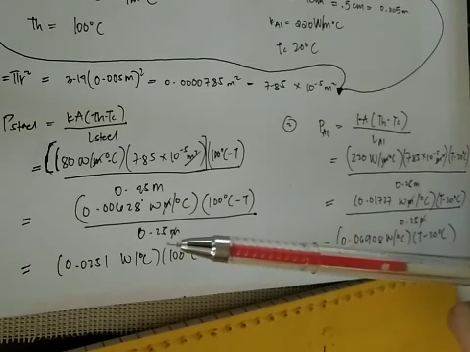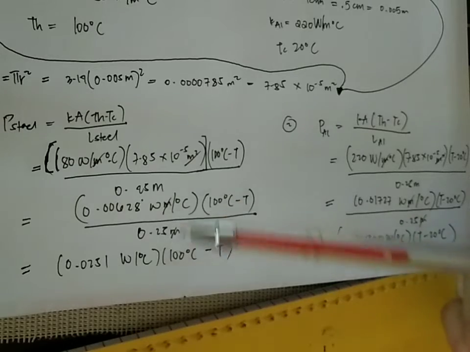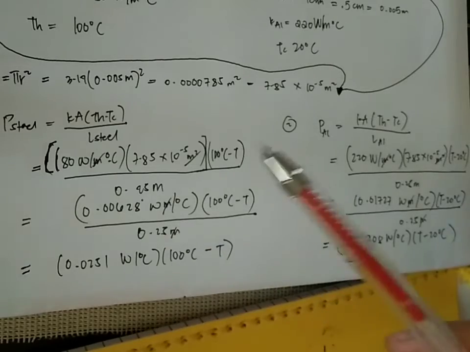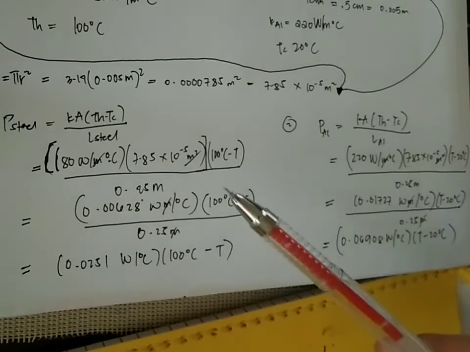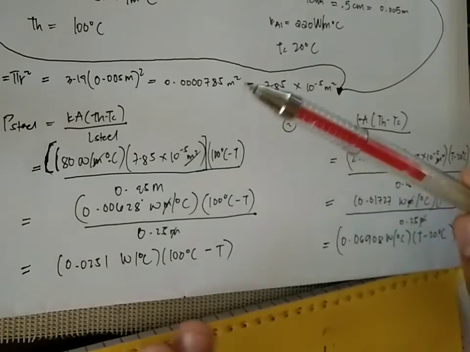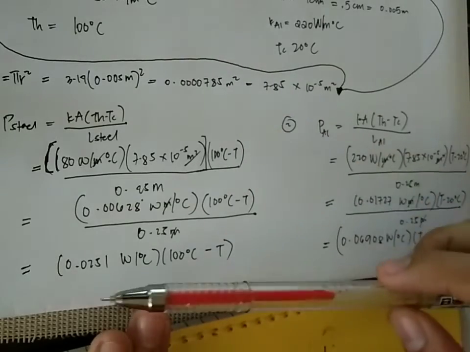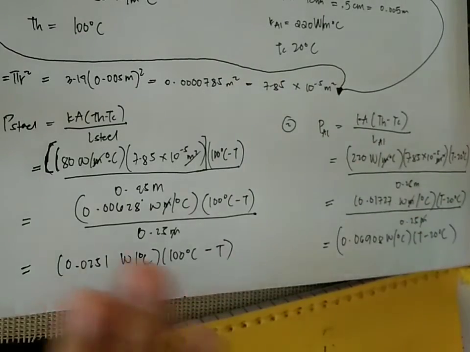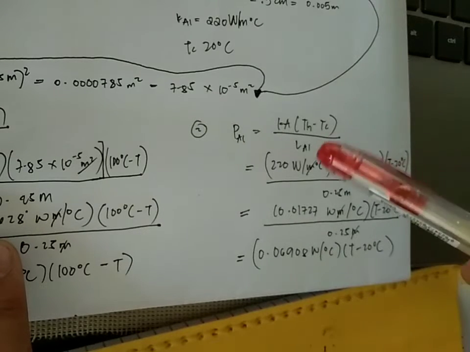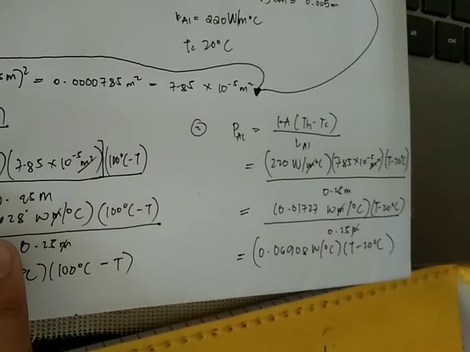In this situation, we divide first, which results in 0.0251 watts per degree Celsius multiplied by 100 degrees Celsius minus T. So, that is the first equation, for the steel. Then, in the second equation for the aluminum, we substitute the known values.